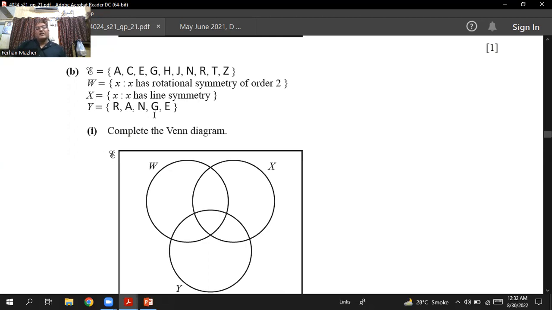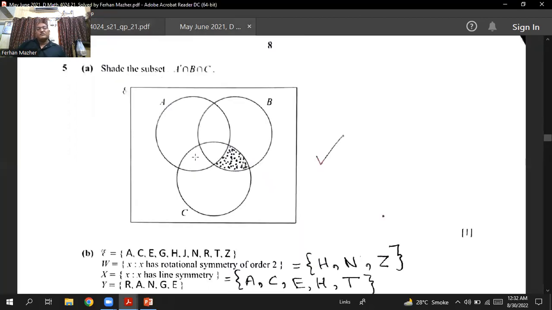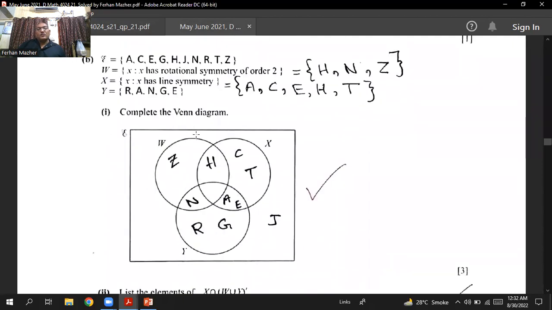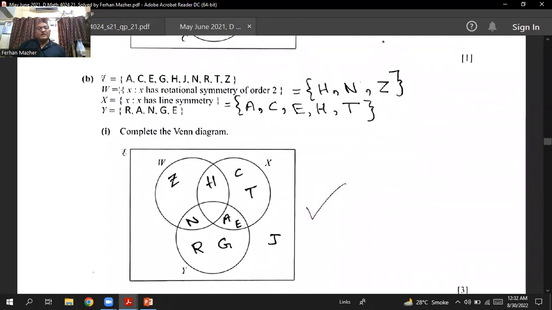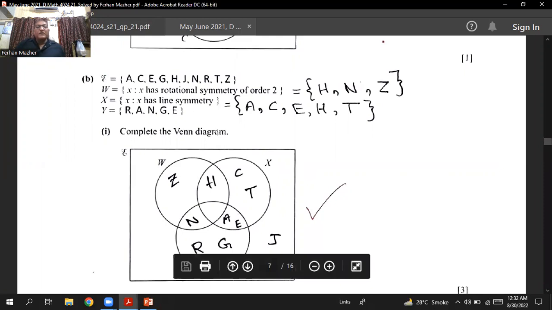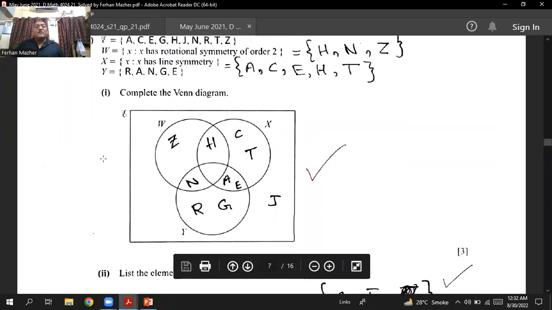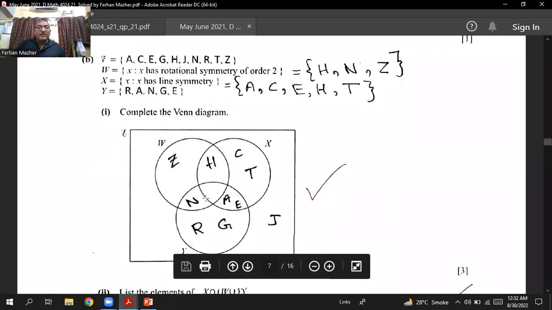Y is R, A, N, G, E. So I have written here that W will be H, N, and Z. They have rotational symmetry of order 2. X has one line of symmetry, that is A, C, E, H, and T. They have one line of symmetry. And Y is A, N, G, E. So when you complete them, there is nothing common in all of them. Remember, there is nothing common in all of them, so this portion will remain empty.